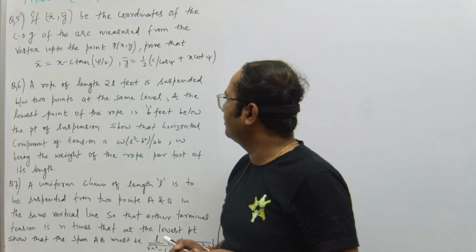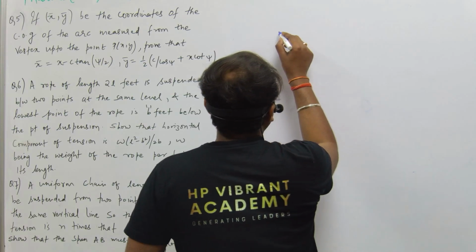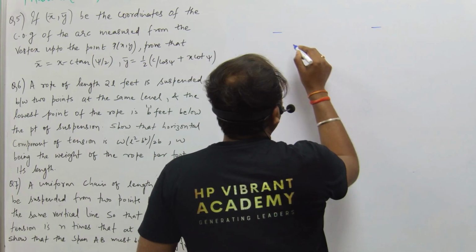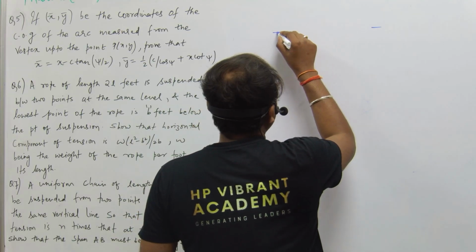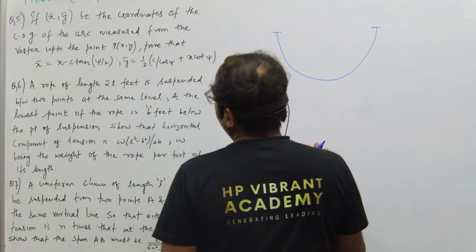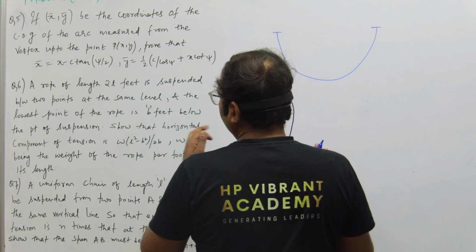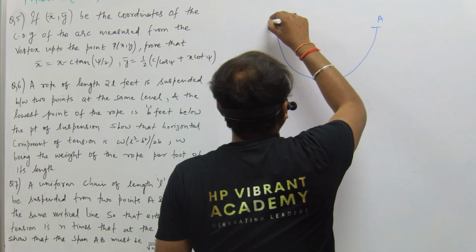A rope of length 12 feet is suspended between 2 points at the same level. So we have 2 points at the same level and the length of the rope is 12. Let us consider this as a rope. This is like a common catenary and the 2 points are at the same level. Let us name them point A and point B.